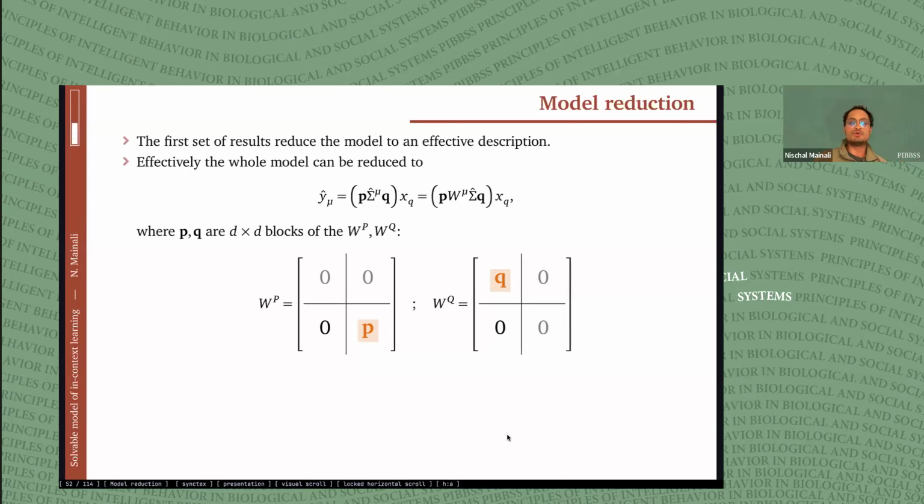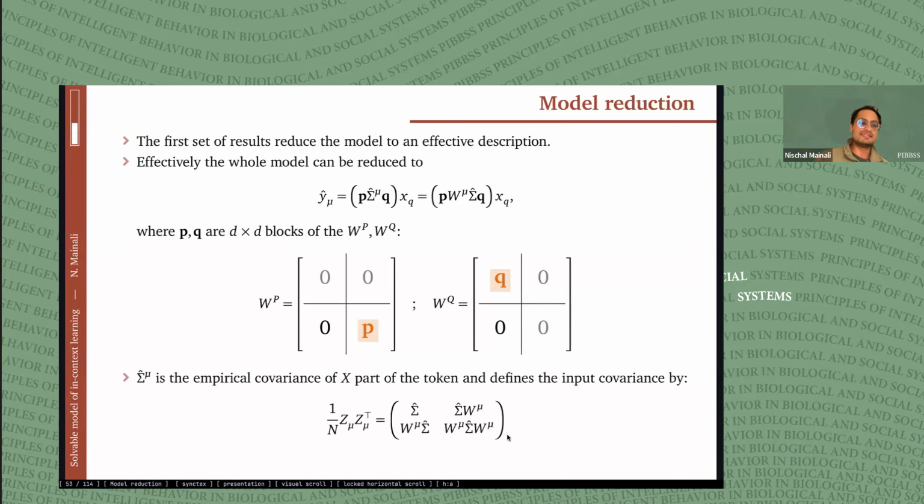And with this P and Q, we have an effective reduction in the predictor. So the linear attention transformer model gives a predictor for a query XQ, an example, and a regression task mu. The predictor y hat mu will look like the first equation there, where there will be P, and this sigma hat, which I'll talk about, Q, and then XQ.